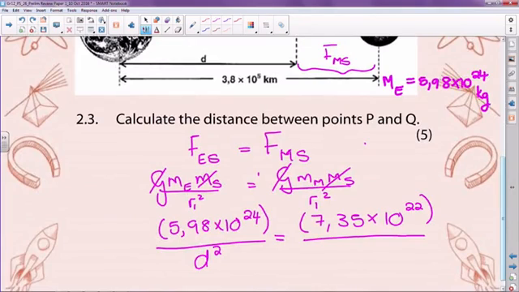But now the distance here becomes important because actually it's only between there and there. We've already got D, so that distance is actually 3,8 times 10 to the 5 minus D all squared. And you've got 3 out of the 5 marks already, just by doing that.